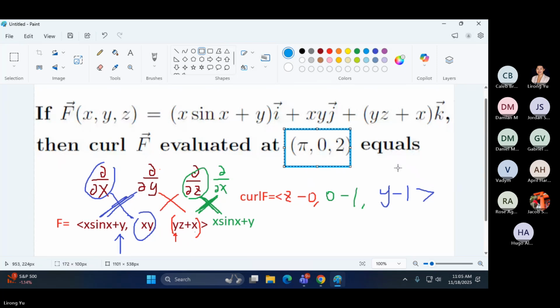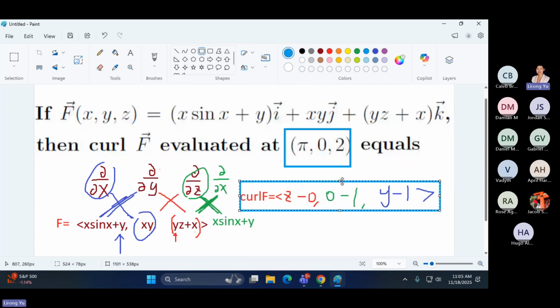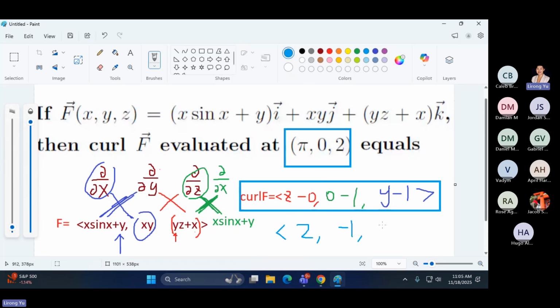So now we're going to calculate this vector that we just did, but evaluate it at pi, 0, 2. The first component evaluates to 2. The middle is -1, it doesn't change. The last one was y minus 1, and y was 0.